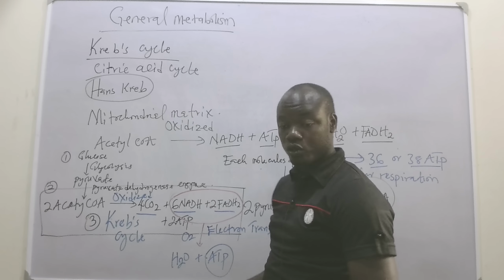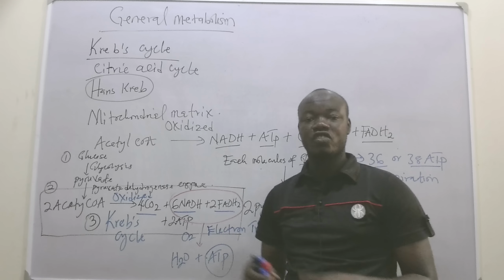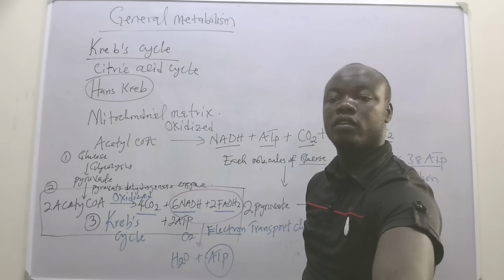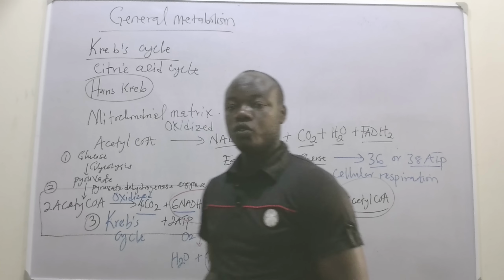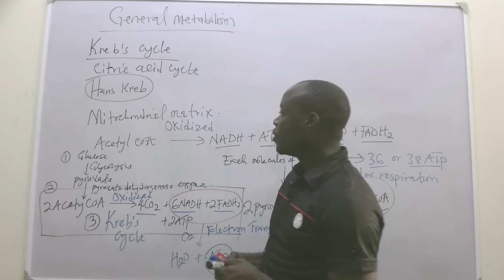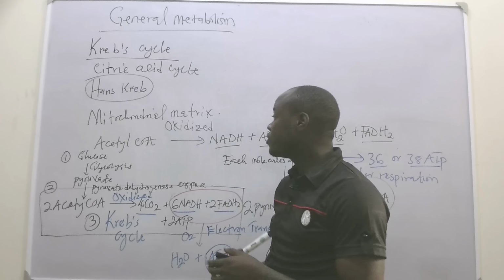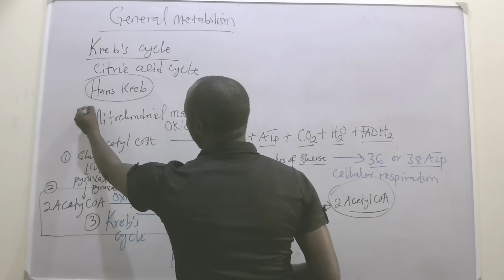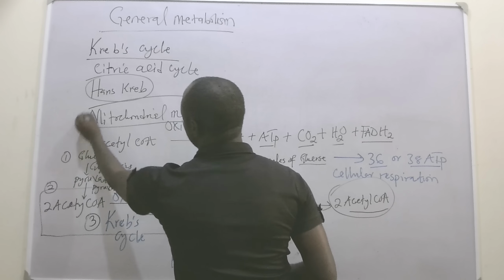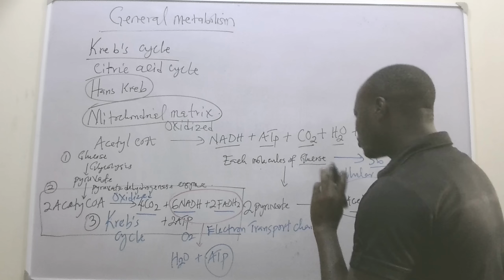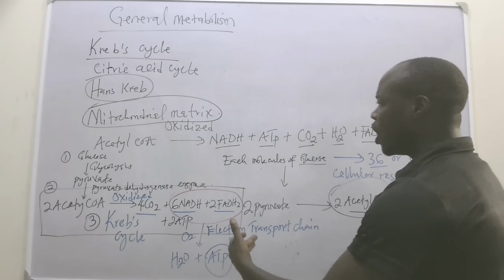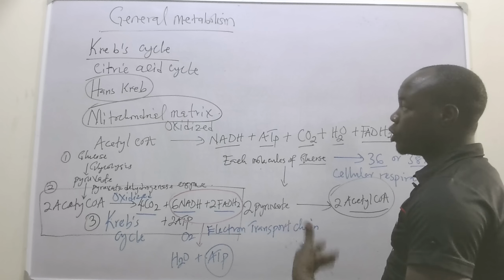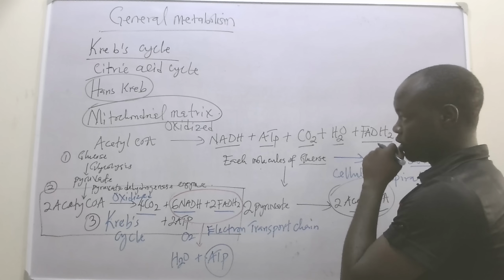So what are we going to start with? First, we are going to look at the citric acid cycle profile. The first thing that we are now going to ask ourselves is that we said this citric acid cycle is located in the mitochondrial matrix of the cell. So now the question is, how does this mitochondrial matrix come into play in the Krebs cycle?